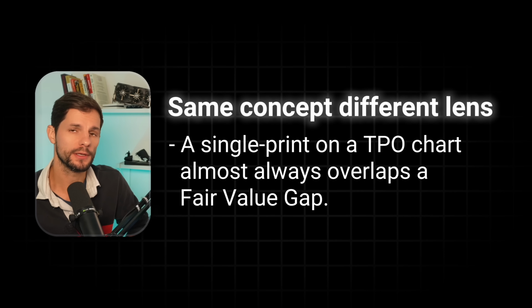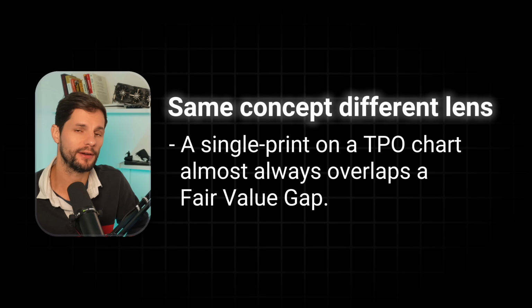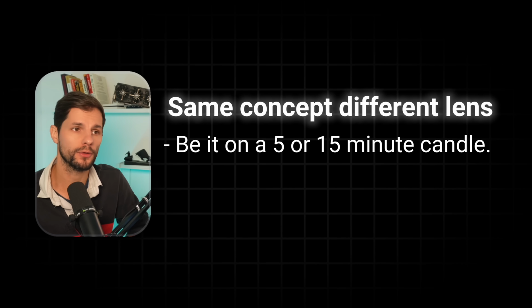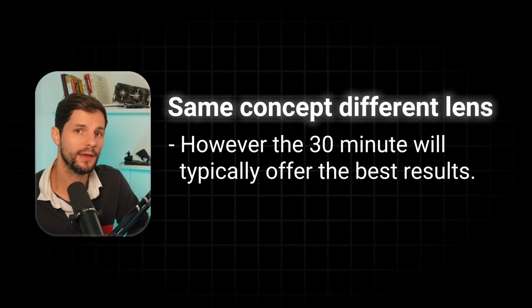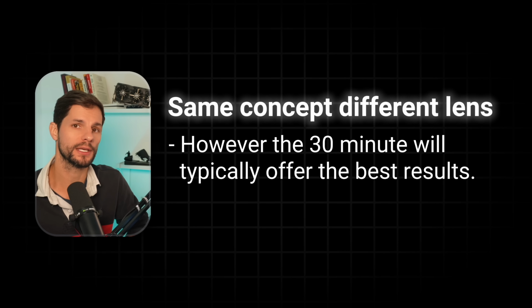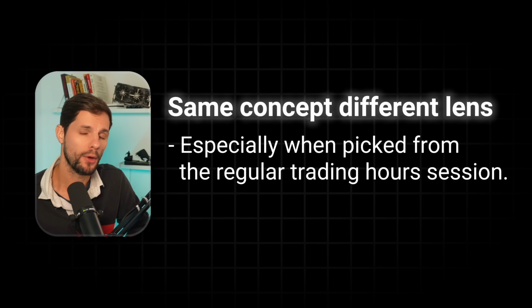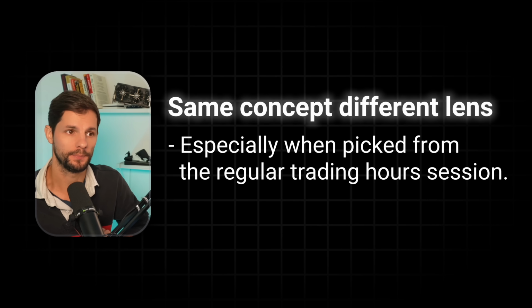A single print on the TPO chart almost always overlaps a fair value gap, be it on a 5-minute or a 15-minute candle. However, the 30-minute auction candle will typically offer the best results, especially when picked from the regular trading hour session.